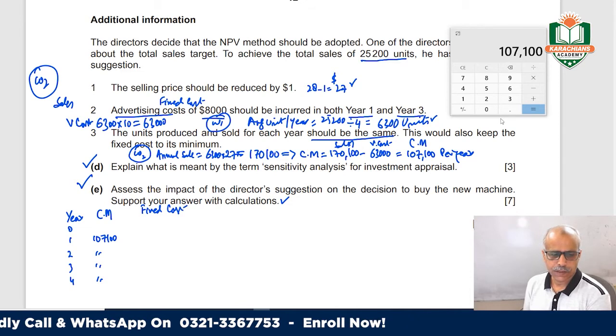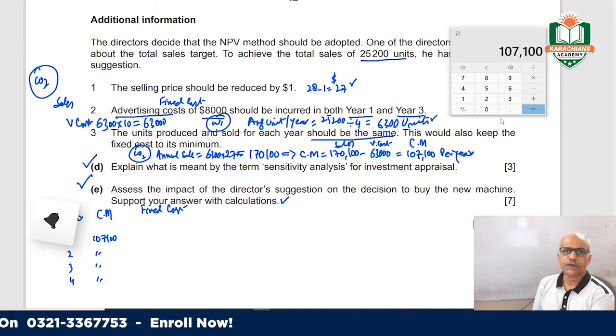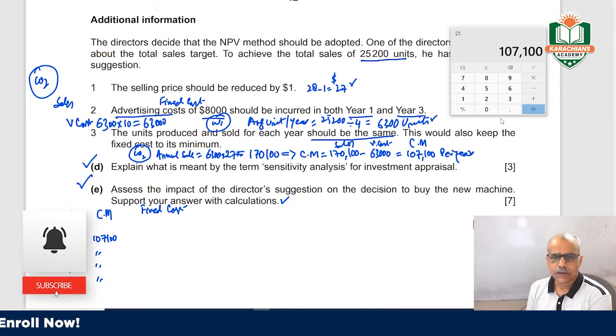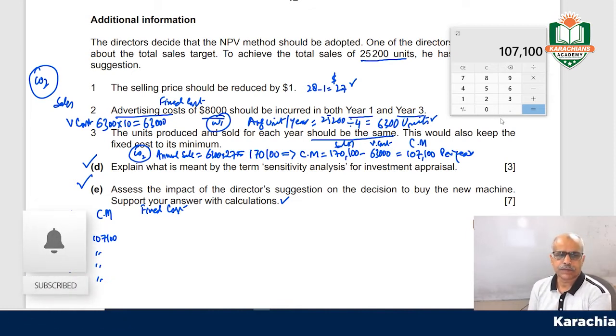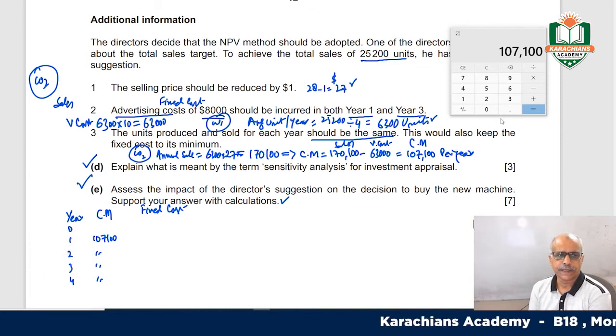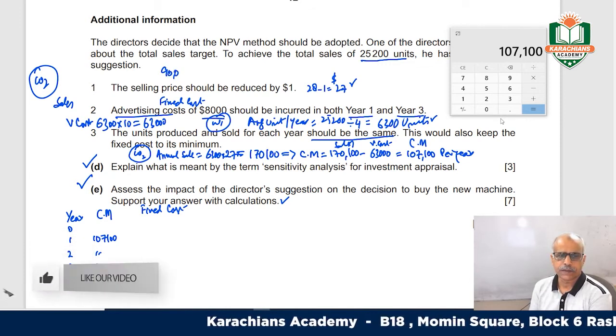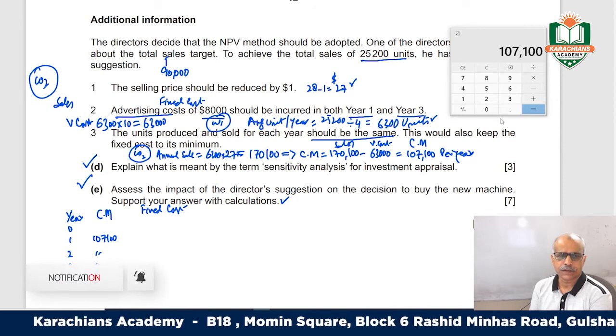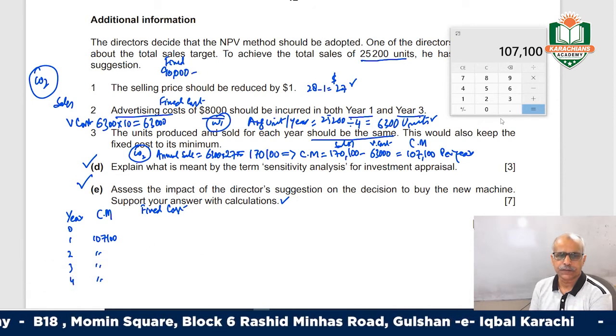So fixed cost, how much fixed cost? We know because there was 90,000 fixed cost including depreciation.